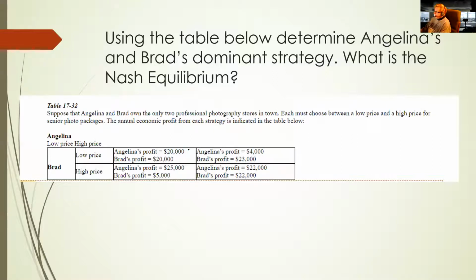Angelina and Brad own two professional studios in each town. They have to choose between low price and high price for senior packages. The economic profit from each strategy is listed. Just for clarity, I want to put low price here in green for Angelina, and high price here, also in green for Angelina.